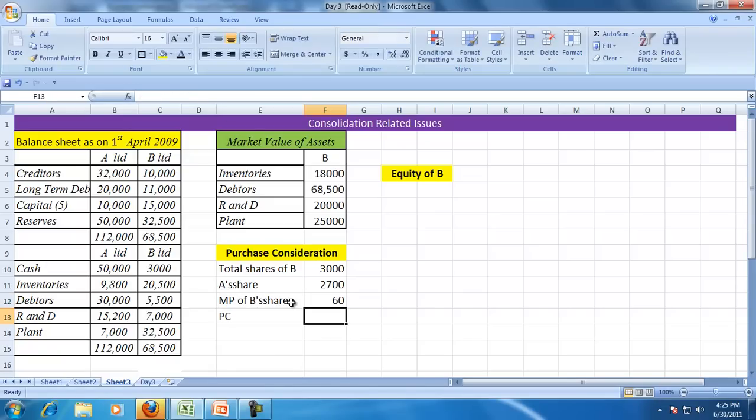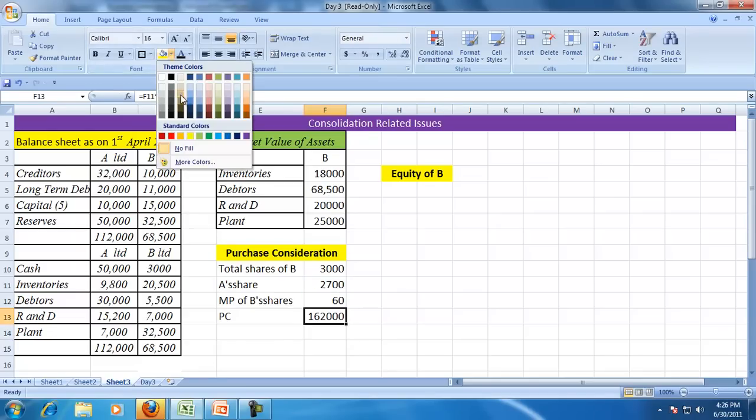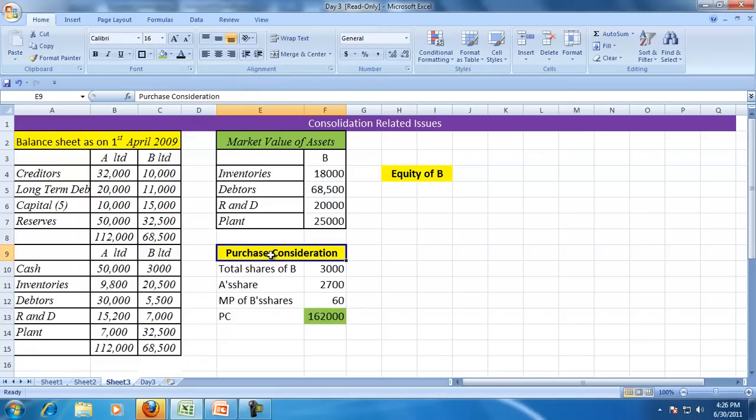So PC is 2,700 into 60, so 162,000 is the purchase consideration that A has to give to B. The purchase consideration will be used to calculate the goodwill.